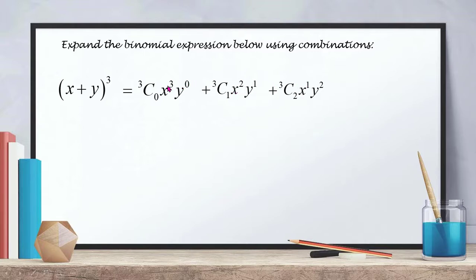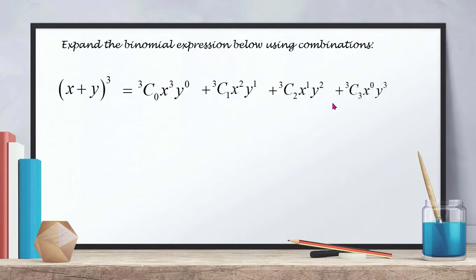So all that we're doing on the powers of x is we first start with 3 and keep subtracting 1: 3 minus 1 is 2, 2 minus 1 is 1. And the powers on y keep increasing by 1. And I guess you can guess what the fourth term will be.